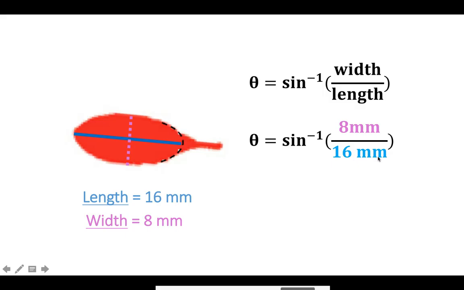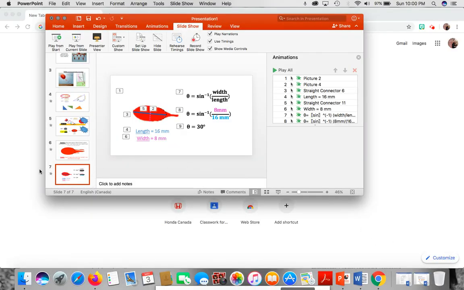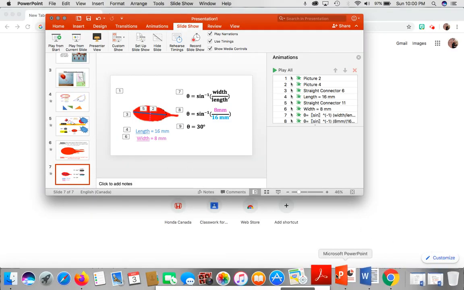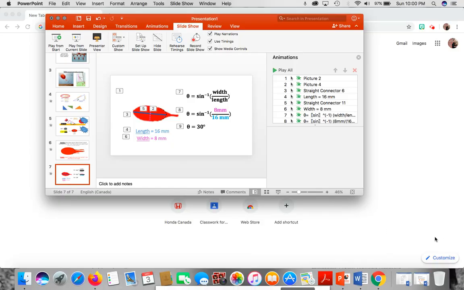And we're going to punch this into a scientific calculator. If you have one on you, that's awesome, and you can just use it that way. However, I'm also going to show you how you can use the internet to your advantage right now. So what you can do is just look up a scientific calculator on Google.